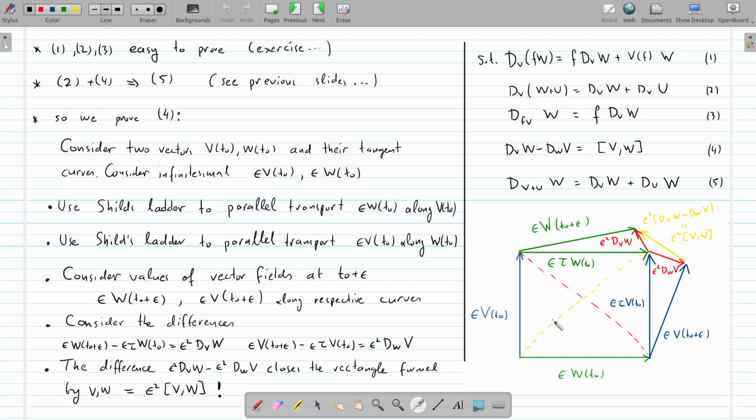But we have seen in a previous video that the closing of this rectangle, which does not involve parallel transport, just the values of the vector fields, is proportional to the commutator of the vector fields. And this is also proportional to epsilon squared. So actually, the commutator is equal to d_v w minus d_w v. And we have shown that property 4 is valid for this definition.